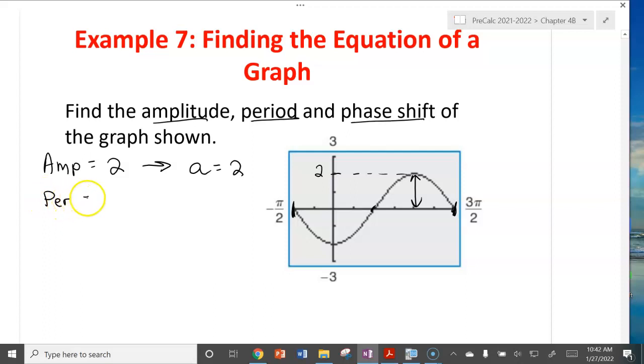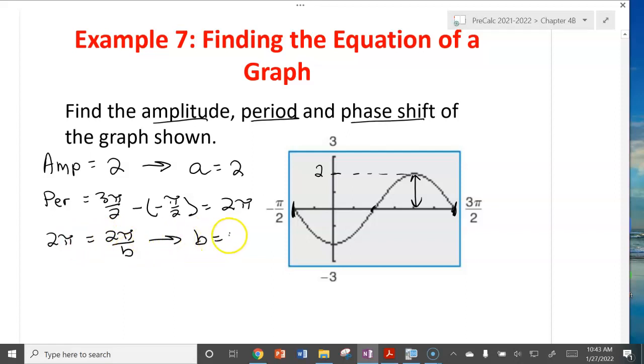So period equals 3 pi/2 minus a negative pi/2. That's going to give us 2 pi. And so we know that 2 pi equals 2 pi over b. So from here, b has to be 1. So I've got A, I've got B.